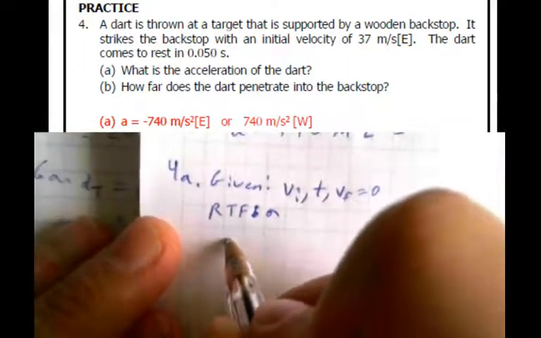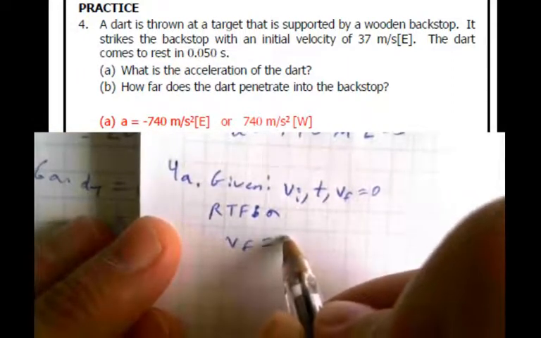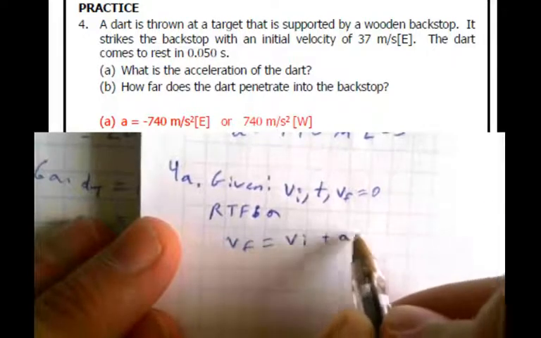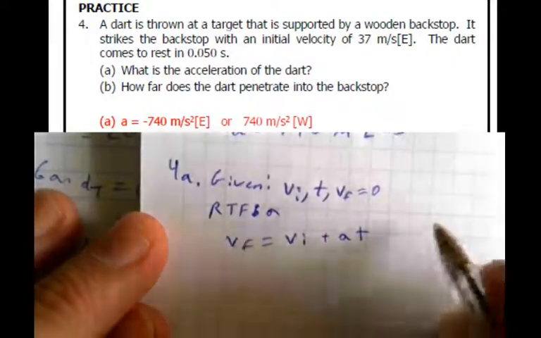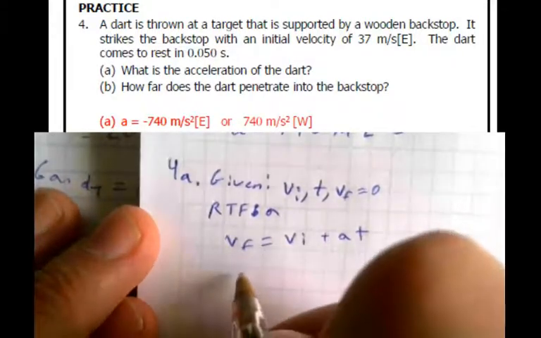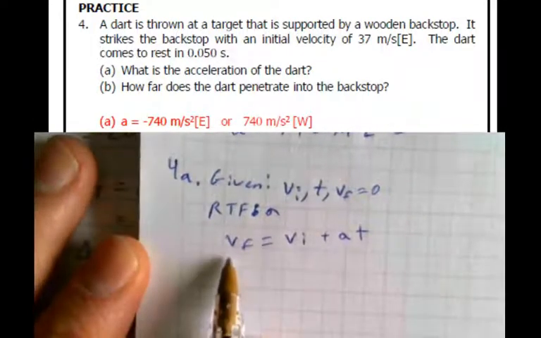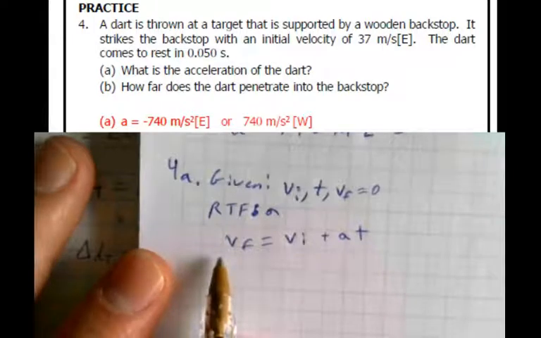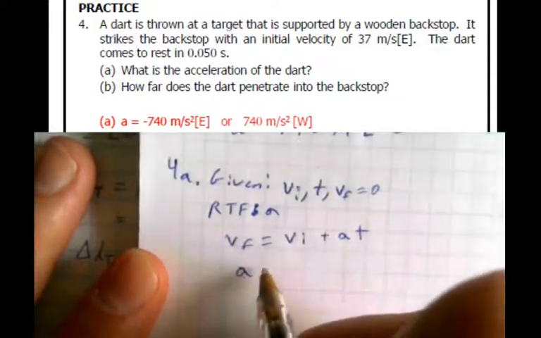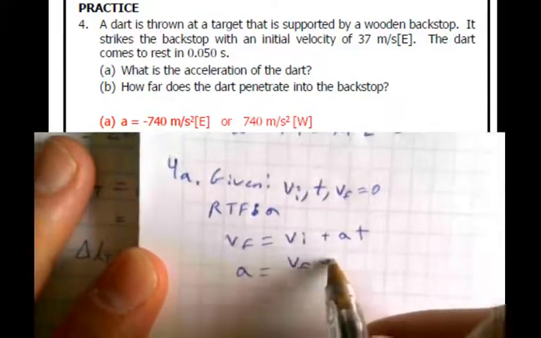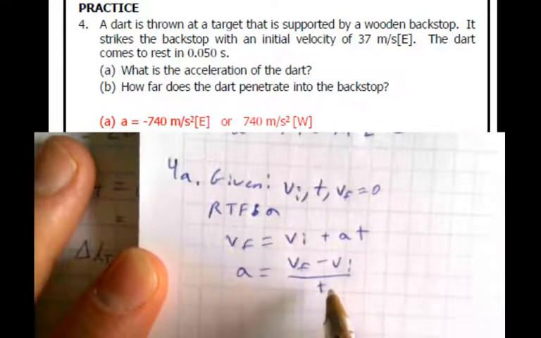So if VF equals VI plus AT, and we need to solve for A, we have to rearrange this equation. I'll rearrange this one a bit quicker. VI moves to the left side, that makes it VF minus VI. And then we divide by T. A equals VF minus VI divided by T.